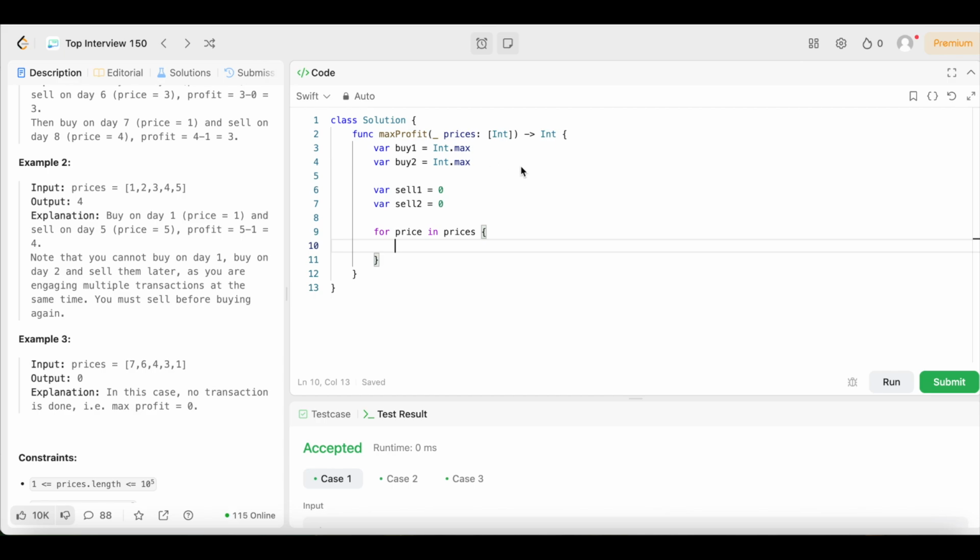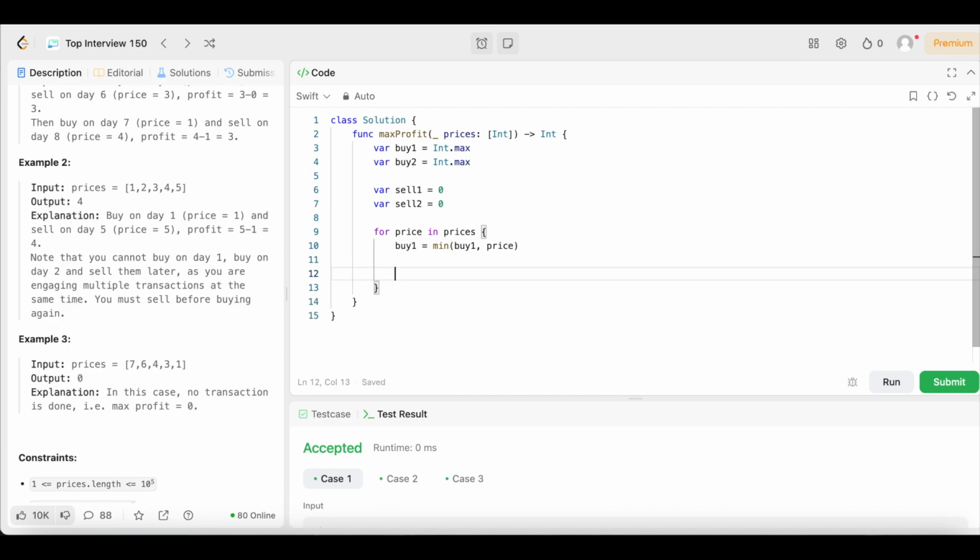So we could just say buy1 equals min(buy1, price). So whichever is smaller is the one we're going to return, right? This minimum is going to return whichever is smaller, buy1 or price. And the price is coming from right here when we're iterating through each one of the prices.